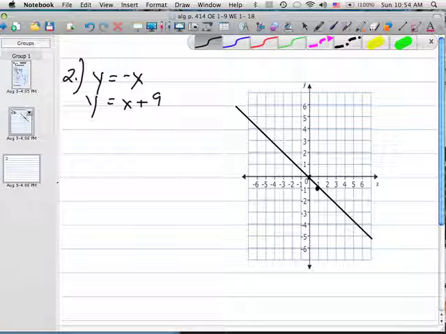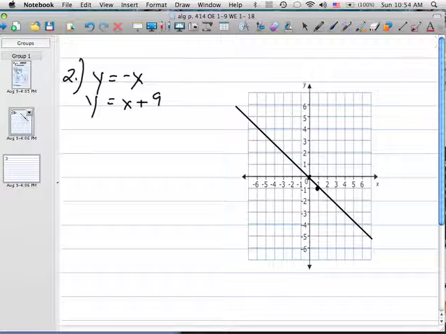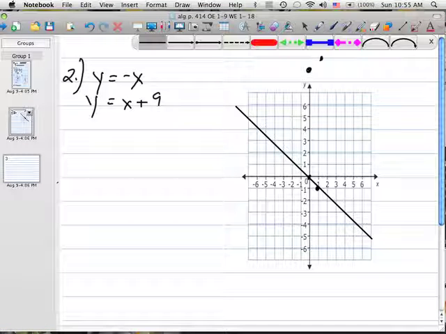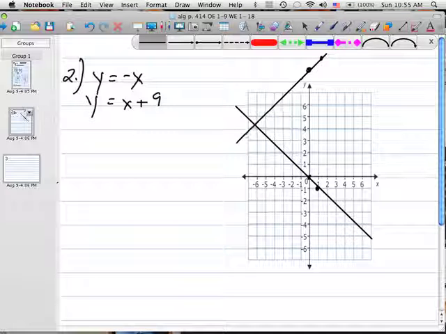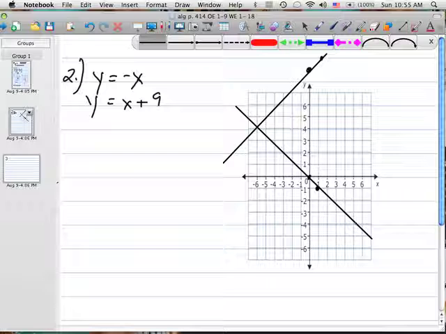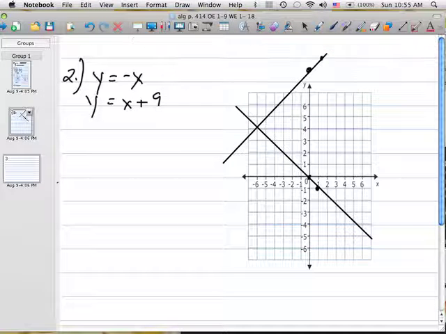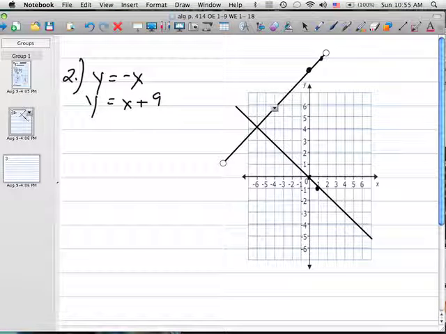So the intercept is at 0, 9. And the slope is 1, so it goes up 1, right 1. And I make my line. And on this graph, it looks like it's intersecting. I would check the answers in the back of the book to make sure you're getting it.